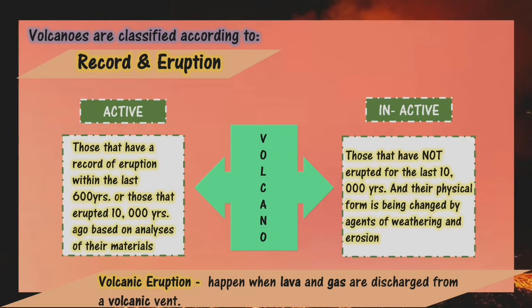When we say inactive, those have not erupted for the last 10,000 years and their physical form is being changed by agents of weathering and erosion. Meaning, these are the volcanoes that have not erupted within that range of years.